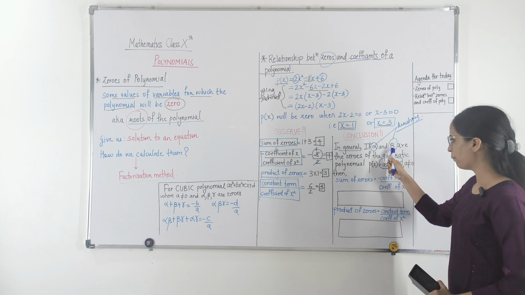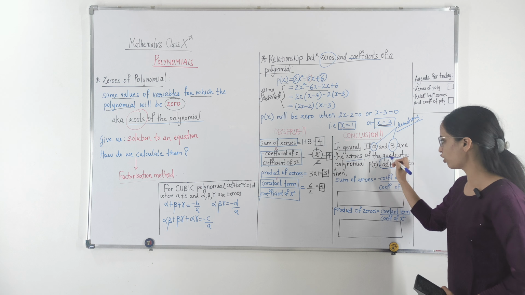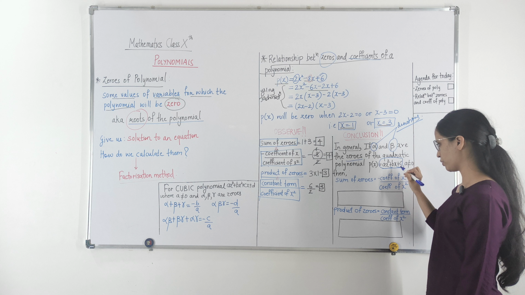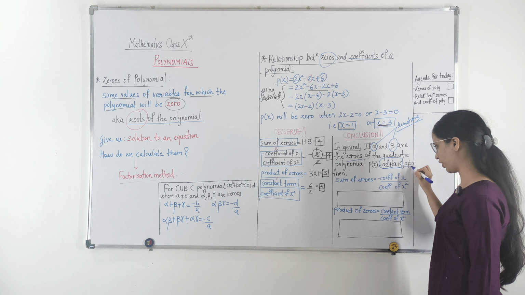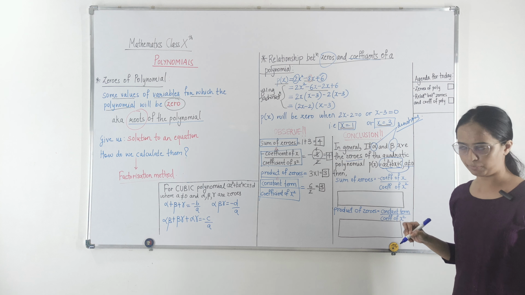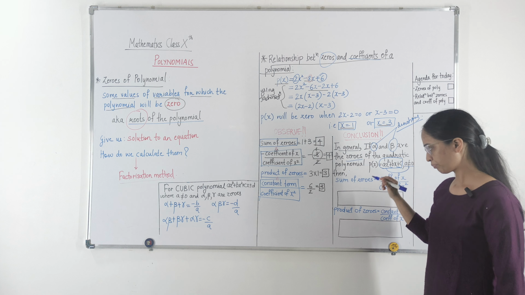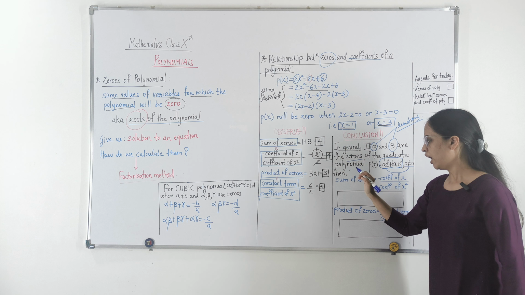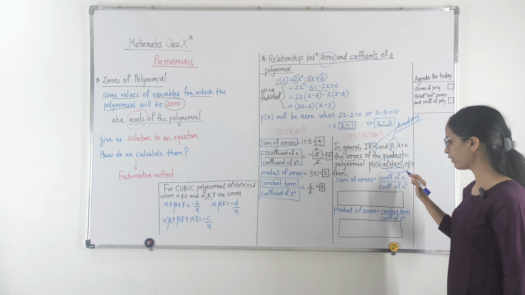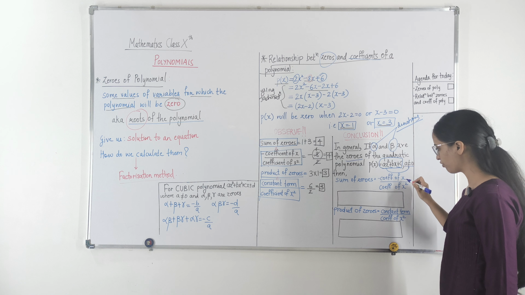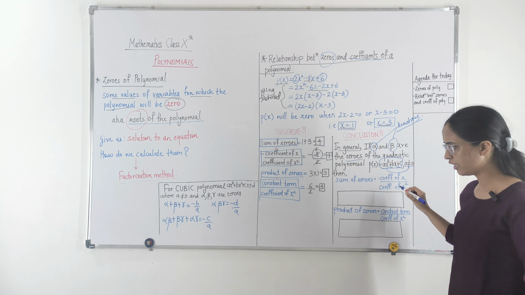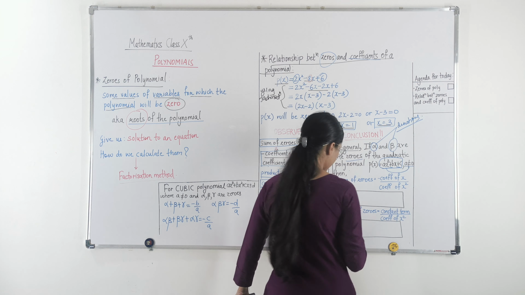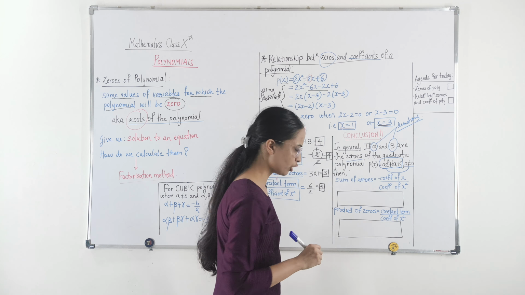So if alpha and beta are the zeros of the quadratic polynomial p(x) equals ax square plus bx plus c, where a is not equal to 0 because this is a quadratic polynomial, then as per the observations that we have made, the sum of zeros would be equal to minus coefficient of x upon coefficient of x square. Now the sum of zeros is very important. I want you all to note this in your notebook.